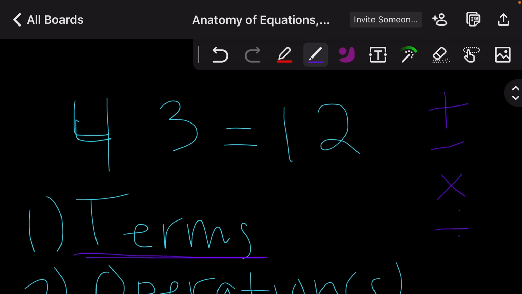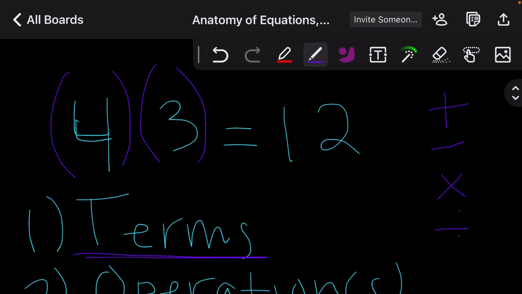Also, on your exams, tests, classes, and so on, you will also see multiplication written like this. So what we have is the terms in parentheses right next to each other. This signifies multiplication as well.